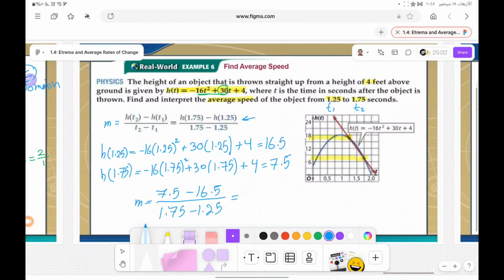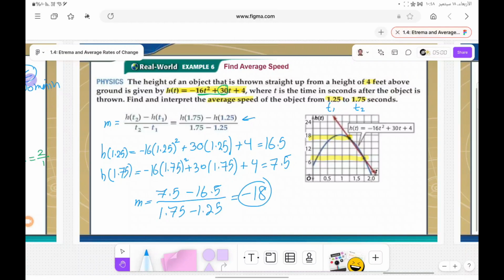So the answer will be negative 18. I hope you understand the question, and I apologize for this small mistake. We have to make sure that we are copying the exact and correct function.